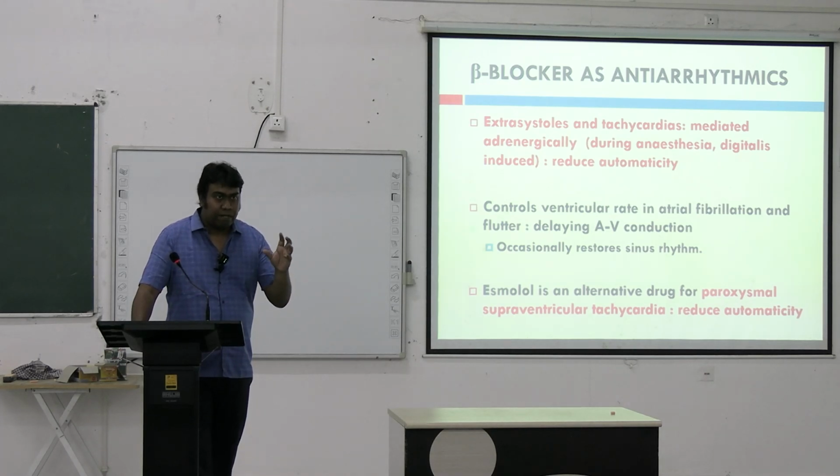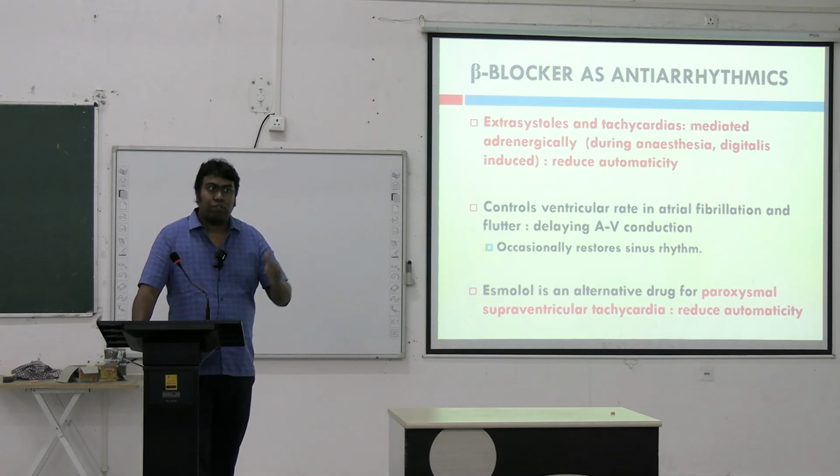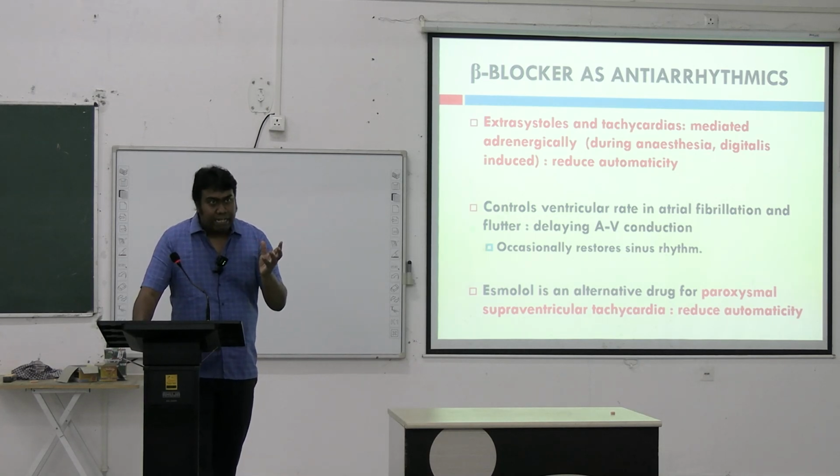What is fibrillation? If the ventricle is stimulated 300 times in a minute, there will not be effective cardiac output. The ventricle will tremble but the contractility will be lost. So by reducing the conductivity through the AV node, the beta blocker reduces the impulses transmitted from the atrium to the ventricle. So there will be adequate contractility in the ventricle to have adequate cardiac output.